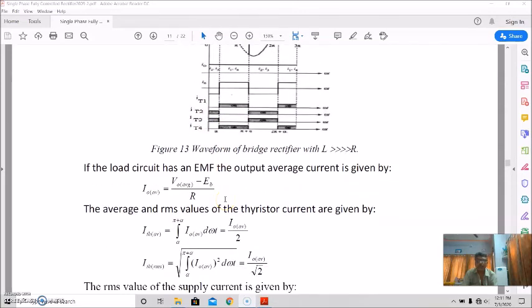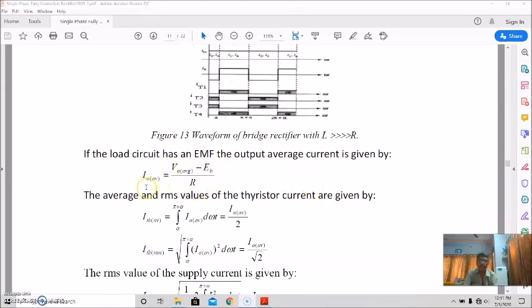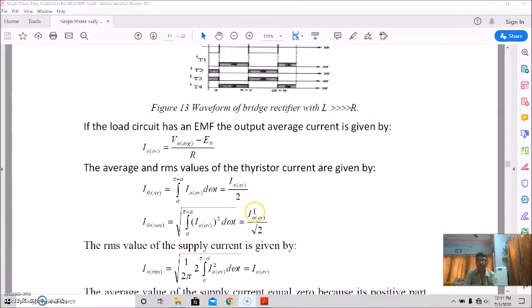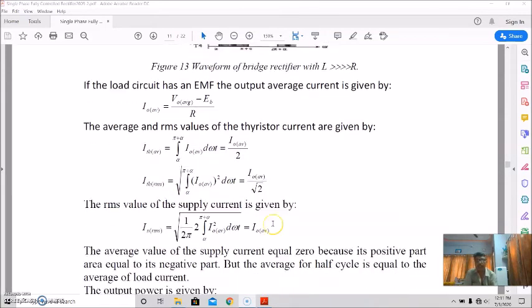Okay, so if the load circuit has an EMF, the output average current is given by this. The average and RMS values of the thyristor current are given by integration over alpha to pi plus alpha, which is half of the average value of the output current. Similarly the RMS value will be 1 by root 2 times the average value of the output current.